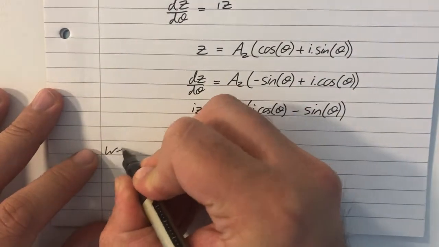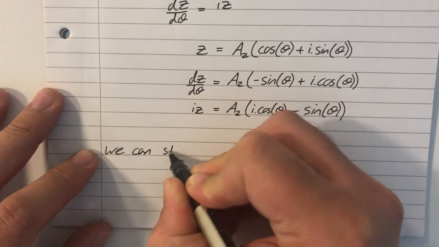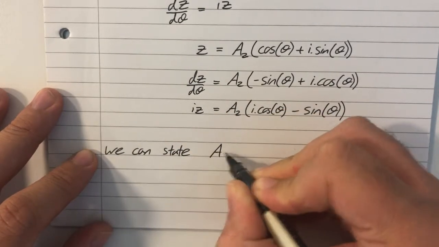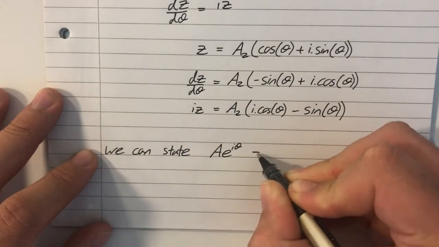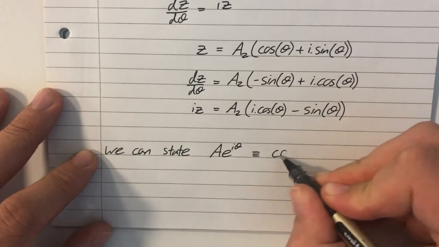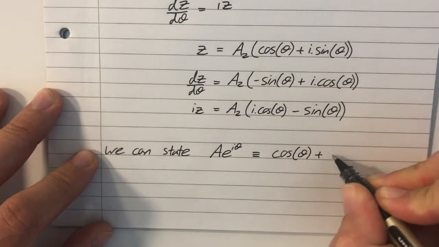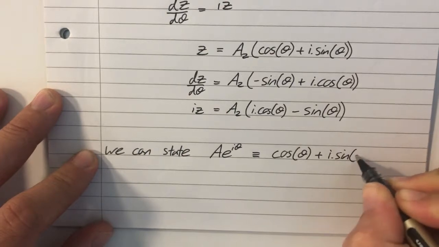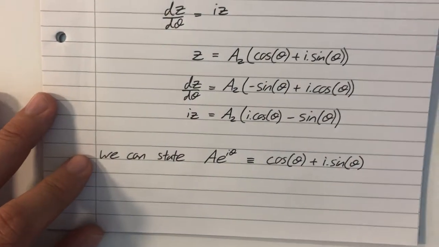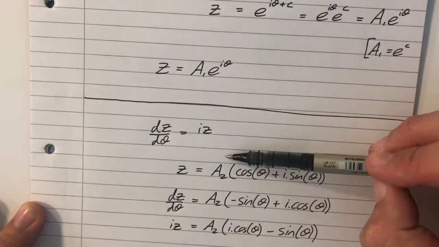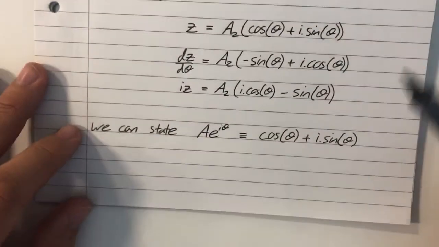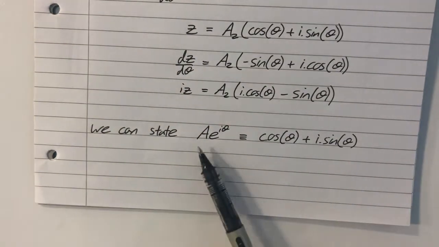So with that in mind, we can state that A e to the i theta must somehow be identical to cos of theta plus i times sine of theta, where the arbitrary constants a2 and a1 I've combined together to give me a new constant, A. Well, it's not arbitrary anymore, actually.